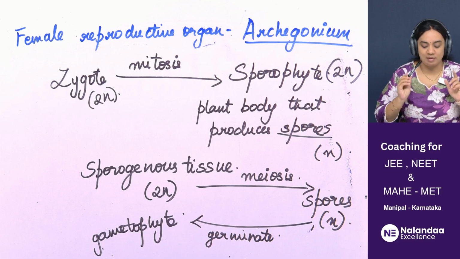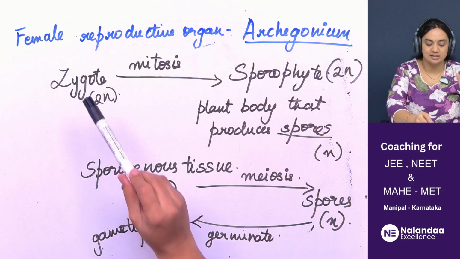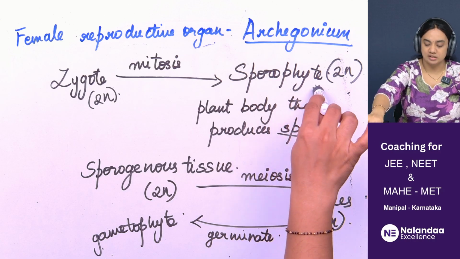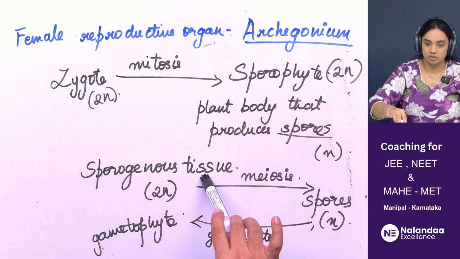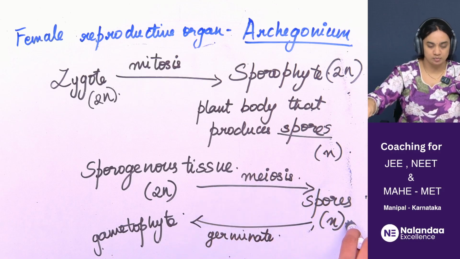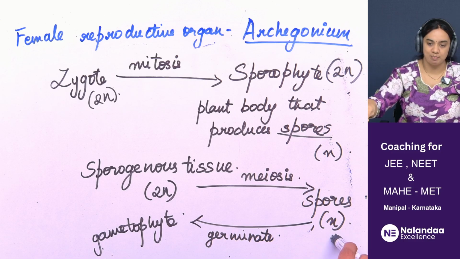So, from the gametophyte, we have gametes being produced. The gametes will fuse and form the zygote. The zygote produces the sporophyte. The sporophyte will produce sporogenous tissue, which undergoes meiosis to produce spores. So, the spores are haploid.